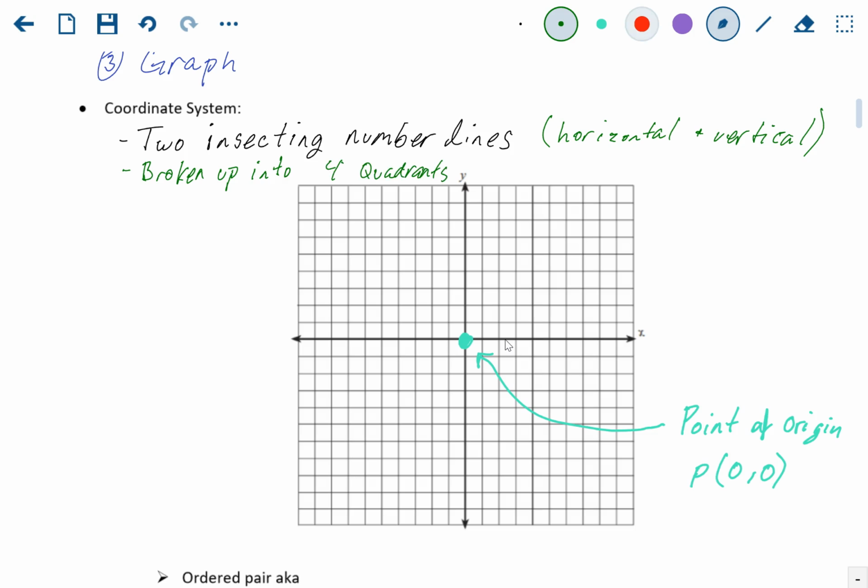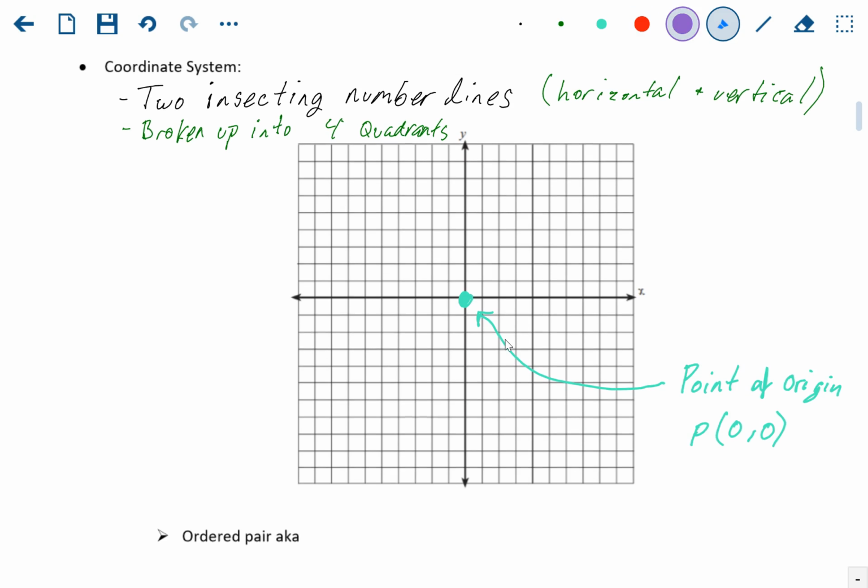We usually label them with Roman numerals. The first quadrant is the top right quadrant. And then from the top right, it goes counterclockwise. So top left is quadrant 2, bottom left is quadrant 3, and bottom right is quadrant 4. So 4 quadrants.